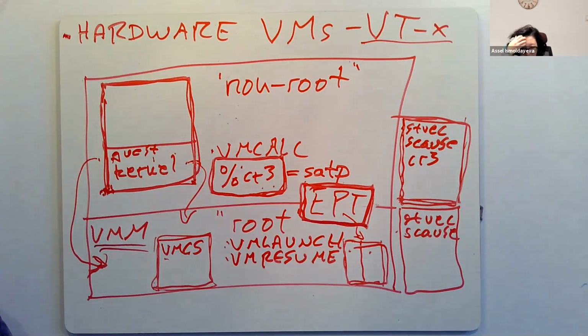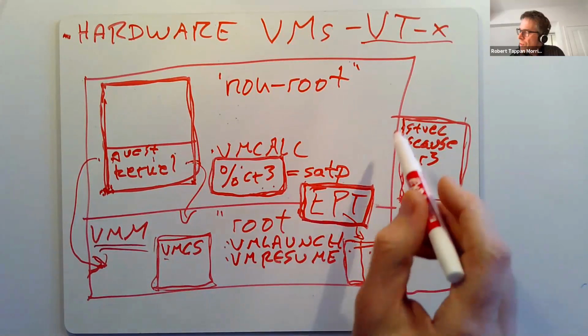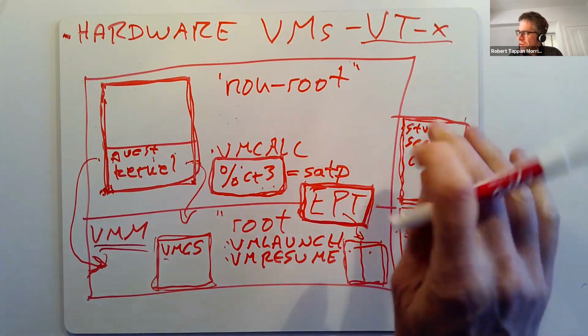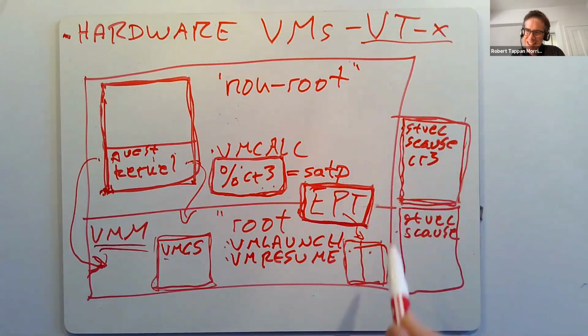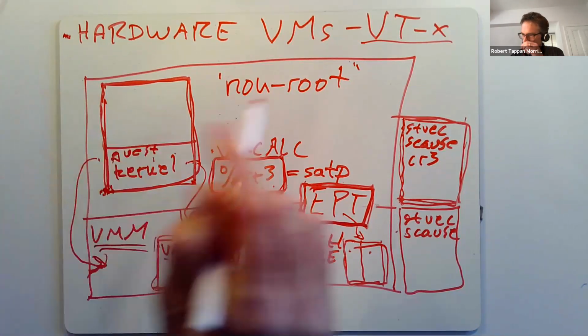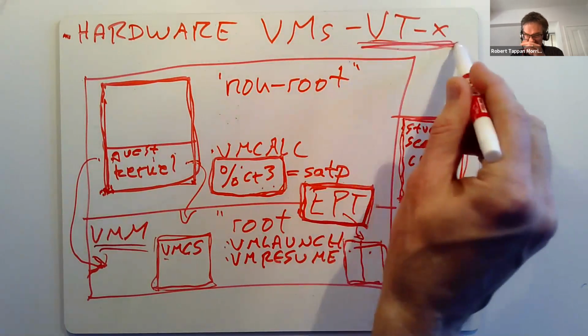Oh, sorry, I have a question not about the EPT, but about the second set of registers. So if you have 2 cores and you want to run 2 VMMs, do you get like a third copy of the registers? Oh, every core has its own set of these registers. Every core has an independent instance of all this VTX hardware.